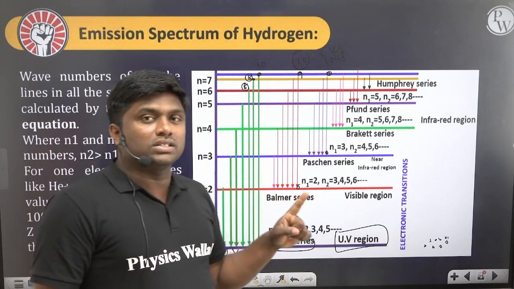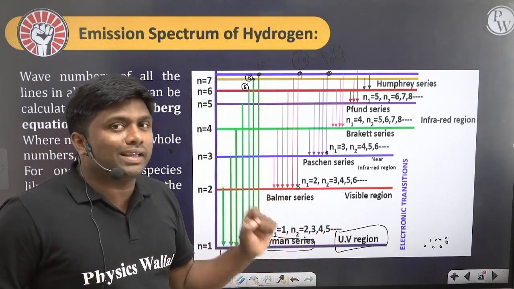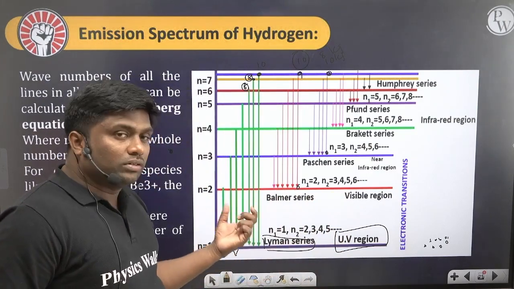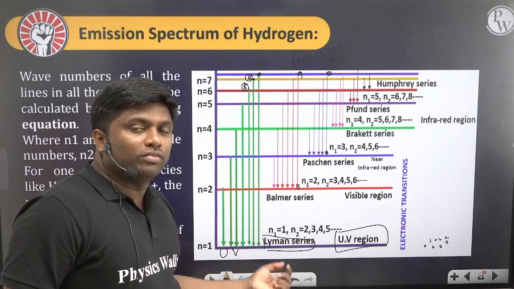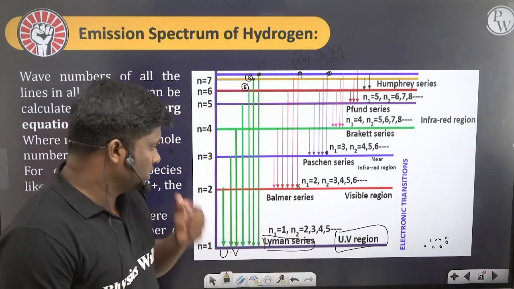The lines present in the Lyman series will release radiation equal to what? Radiation equal to the wavelength of UV radiation and the frequency of UV radiation.